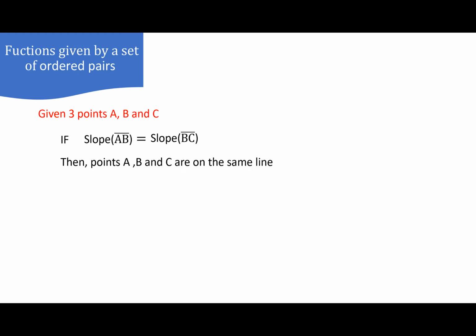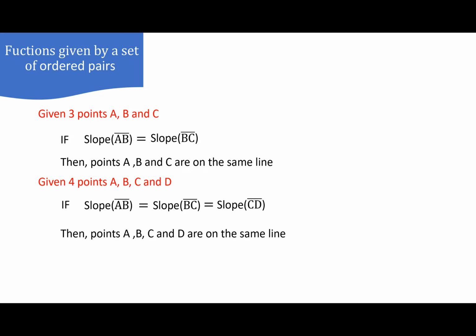Functions given by a set of ordered pairs. Sometimes functions are given by a set of ordered pairs, and we need to see if those points are on the same line. Start with 3 points, A, B, and C. You calculate the slope of AB and the slope of BC. If they are equal, then A, B, and C are on the same line.